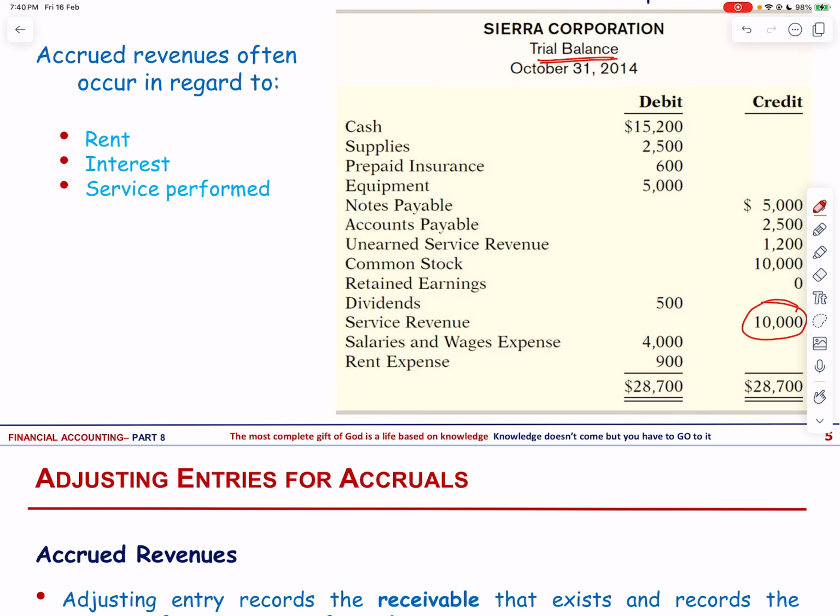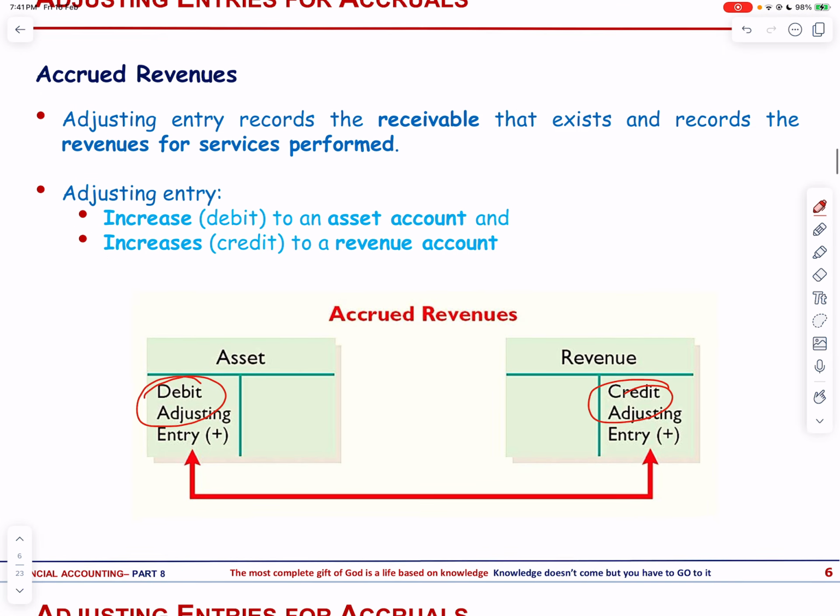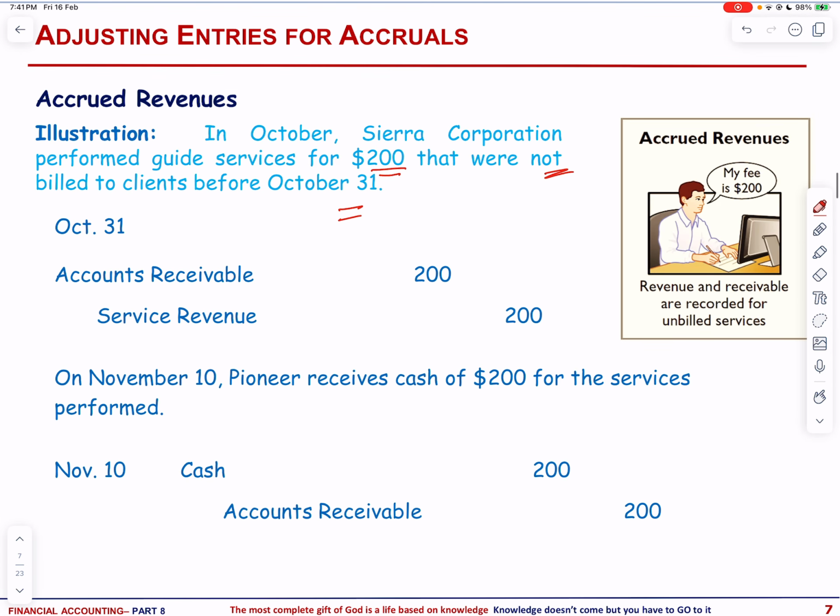If you can recall, the company earned 400 in the case of deferrals, when they earned service revenue for $400. This was with reference to the deferrals, and now they have performed services for $200 and these have not been billed.